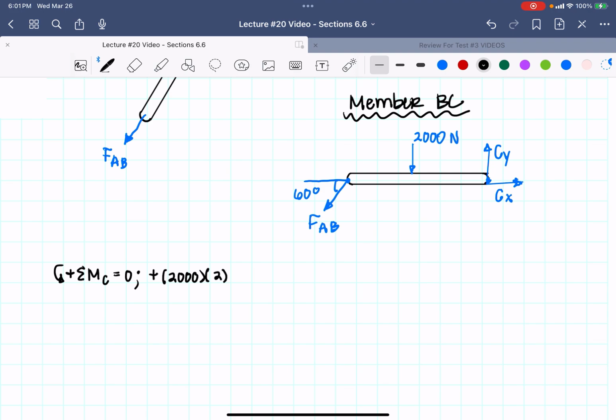And then I've got FAB. The X component goes through C, so I'm only going to need the Y component. So it is going to be also in the positive direction from my picture. So I'm going to have FAB, only the vertical component, FAB times the sine of 60 degrees.